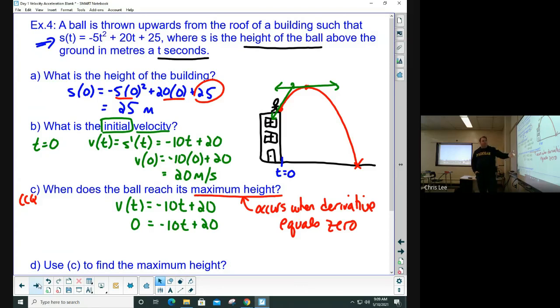And so if we've got the function, we set it equal to 0, and we do a quick little solve here.